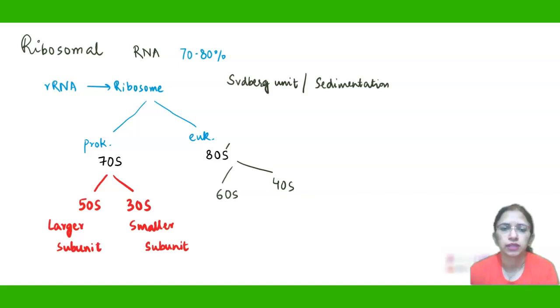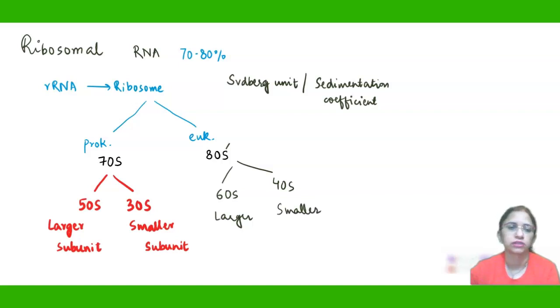Sedimentation coefficient will tell us the sedimentation rate of this ribosome. Accordingly, they are given the values, right? So here you can write larger subunit and here it will be our smaller subunit.